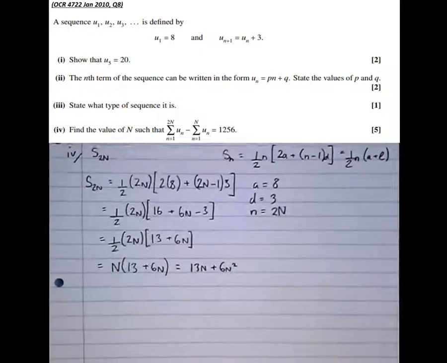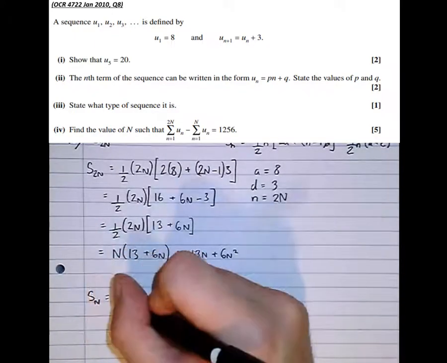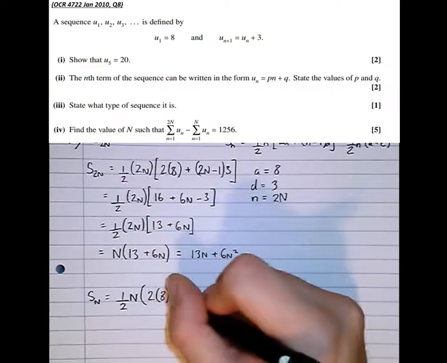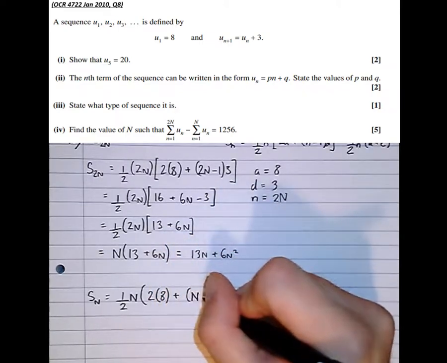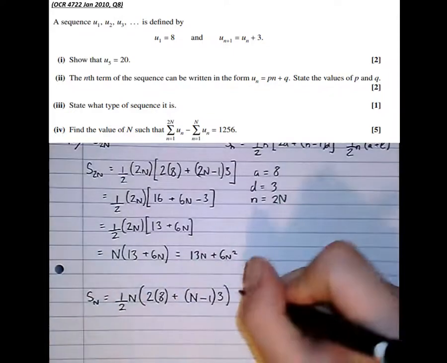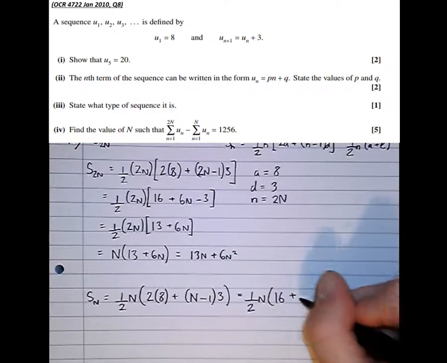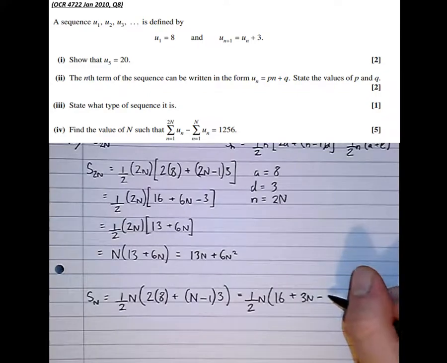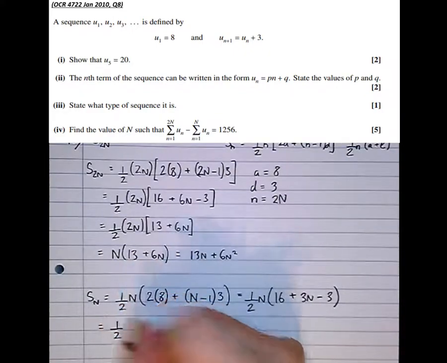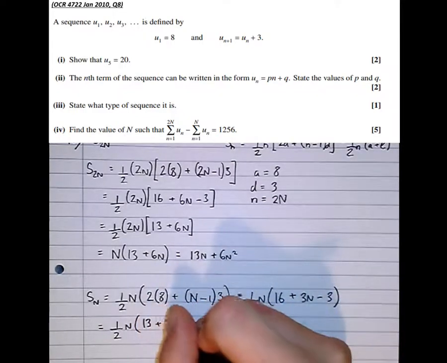Now we're going to do exactly the same thing for the sum of all the terms from 1 to capital N. So S capital N equals a half capital N, 2 lots of the first term plus little n, which happens to be capital N in this case, minus 1 times 3, equals a half n, 16 plus 3n minus 3, equals half n, 13 plus 3n.